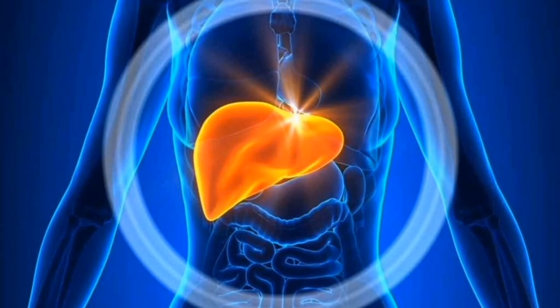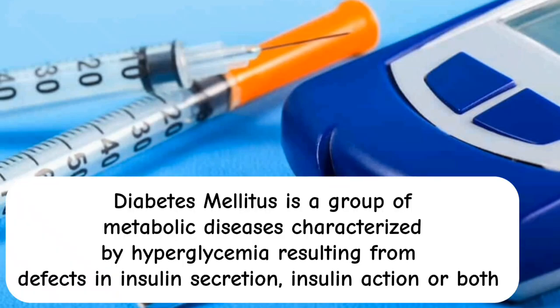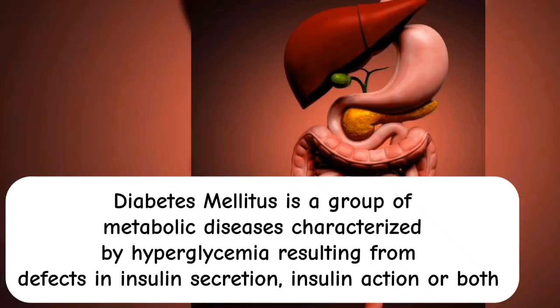But we all know that to pass exams and to score well, it's always very important to define the medical terms in a proper way. So, by definition, diabetes mellitus is a group of metabolic diseases characterized by hyperglycemia resulting from defects in insulin secretion, insulin action, or both.